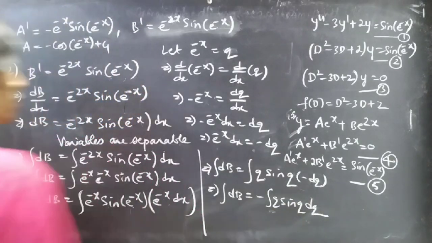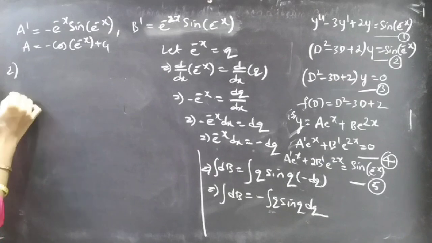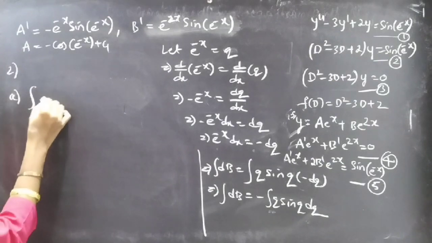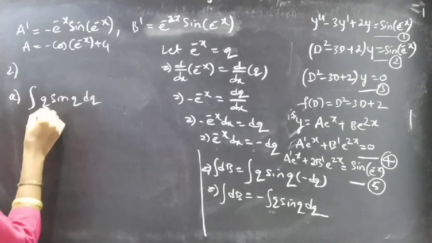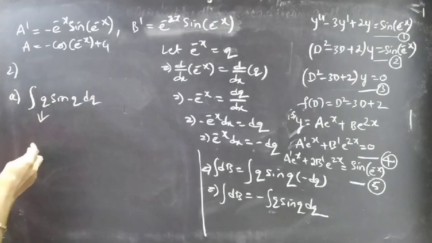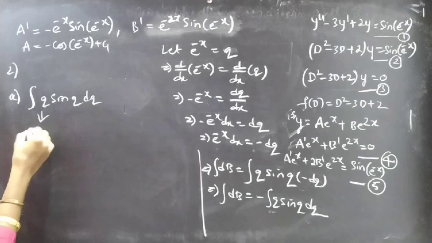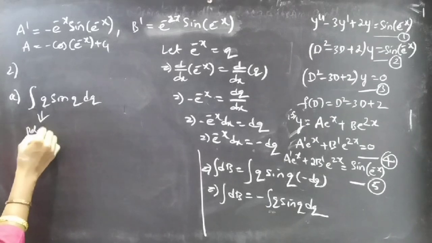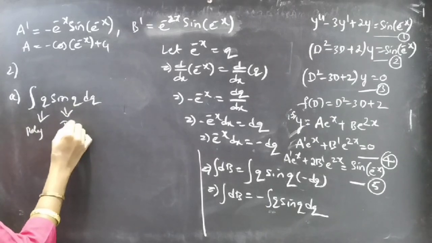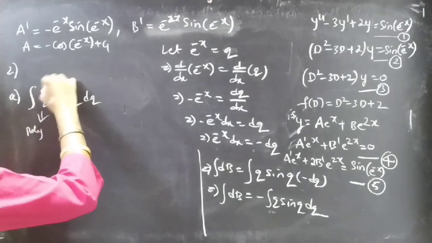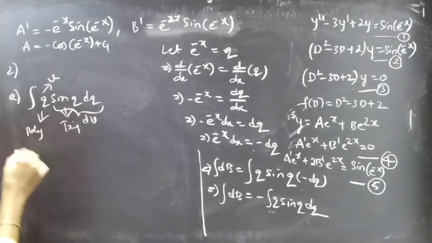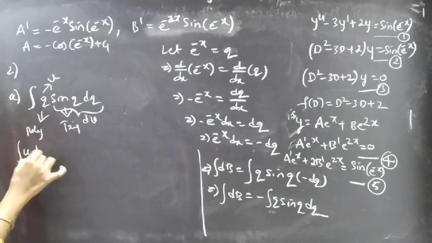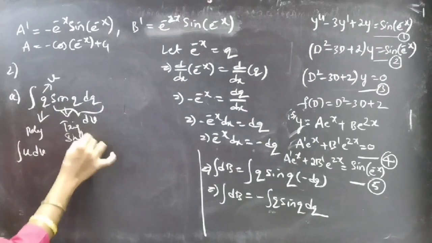Let's now evaluate this integral. Let's now evaluate integral q sine q dq. Here the integrand is of the form product of polynomial function into trigonometric function. Let's consider the polynomial function as u and remaining part as dv and apply integral u dv, integration by parts formula.